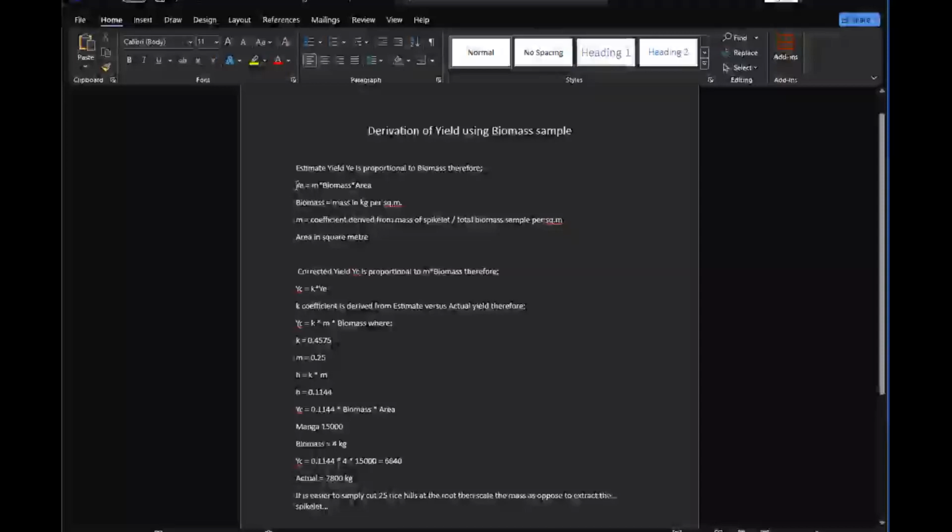What is the yield related to biomass? I read a few of those, and the report says the harvest index ranges from 0.3 to 0.5.